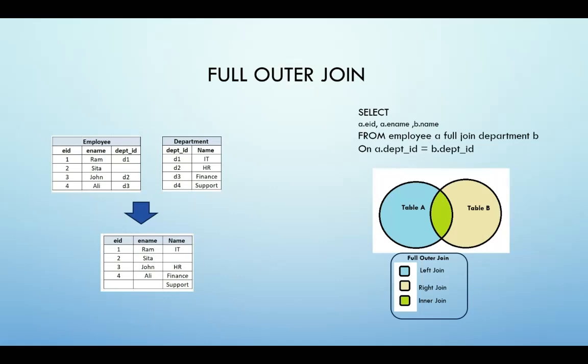You need to specify in the select clause all the columns you want presented in the output. Here we have taken employee ID and employee name from the employee table, and department name from the department table. I hope full outer join is clear to you in detail.